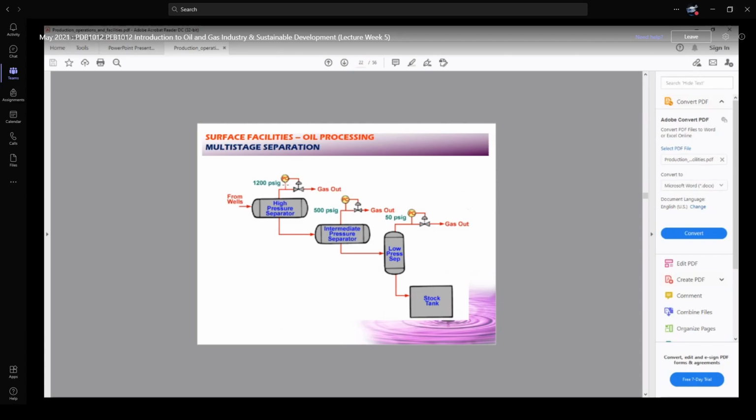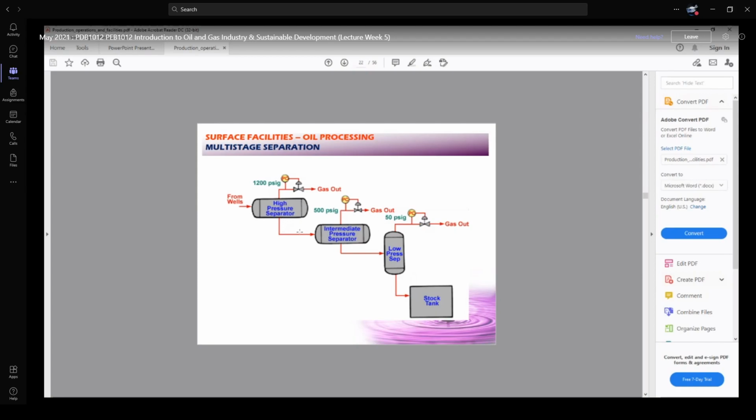Then the pressure of this stream is going to reduce, because from this very small pipe where the pressure was so high, it goes to the high pressure separator, where the pressure reduces, in this example, from 1200 psi to 500 psi.